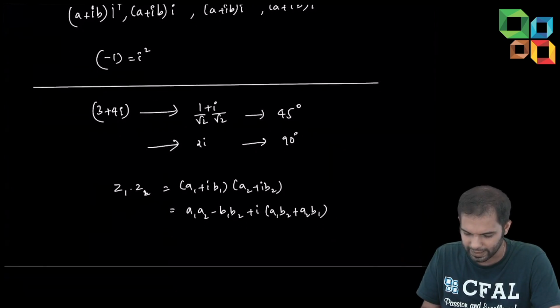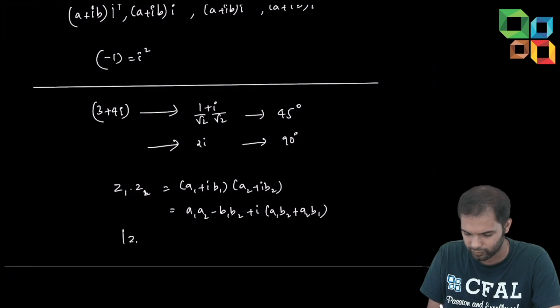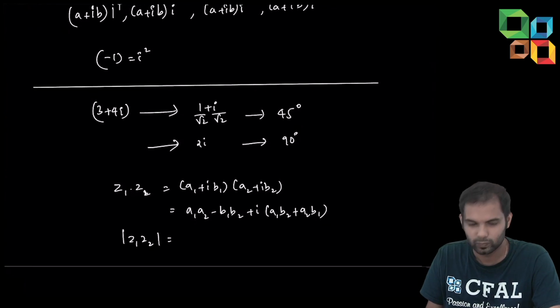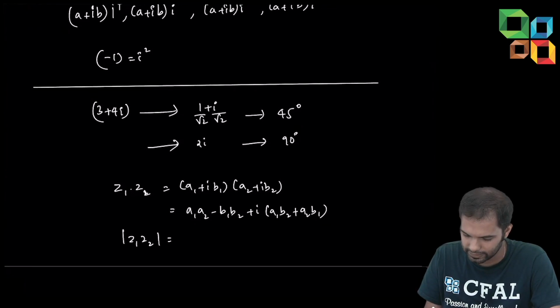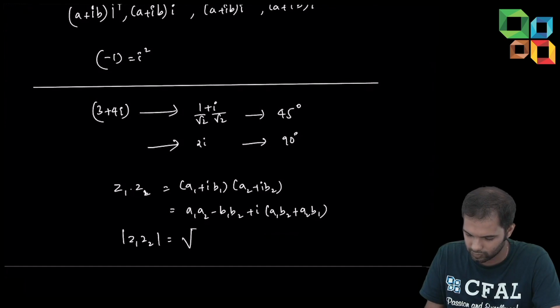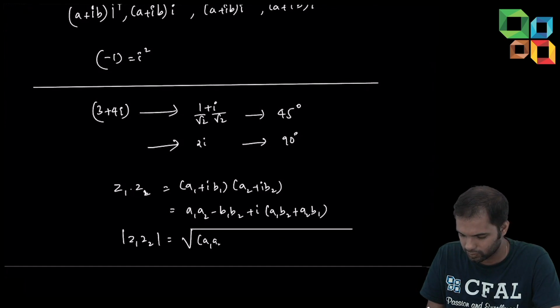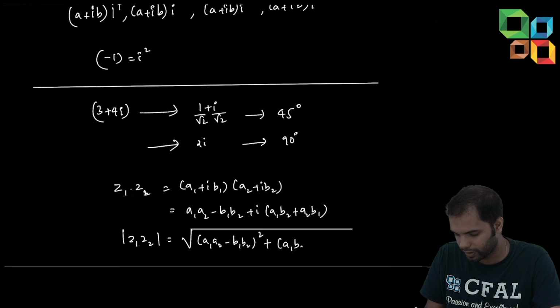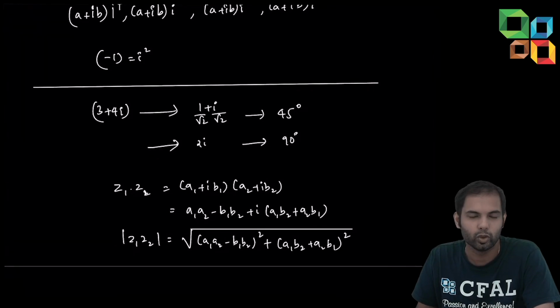If you look at the magnitude of these, right, magnitude of Z1 Z2, what is it? It is, say, square root of (A1 A2 minus B1 B2) whole square plus (A1 B2 plus A2 B1) whole square.